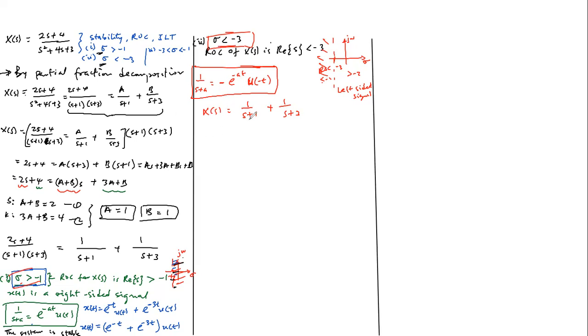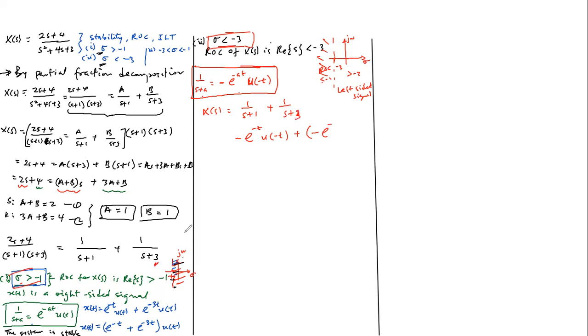So based on the Laplace transform pair, what we now have here is minus e to the minus t, where a is 1, u of minus t, plus minus e to the minus 3t, right?